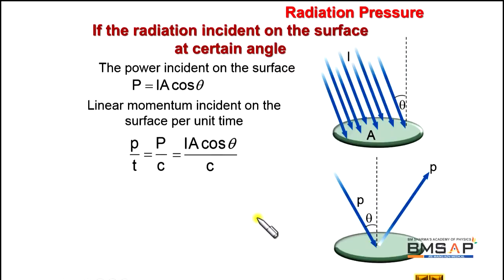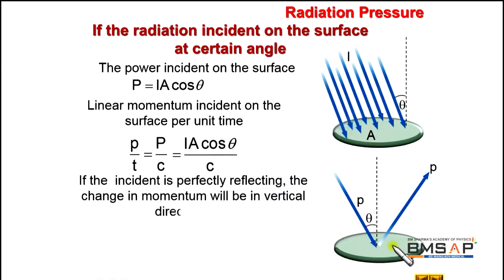Now, we can find the value of the change in linear momentum. We can make the components of the linear momentum normal to the surface and parallel to the surface. Parallel to the surface there will be no change in the linear momentum, because there is no impulse parallel to the surface, but perpendicular to the surface the linear momentum will change.